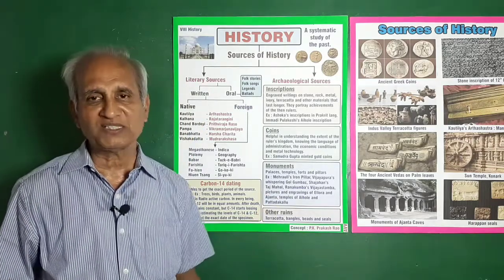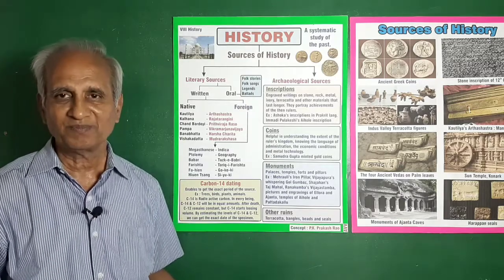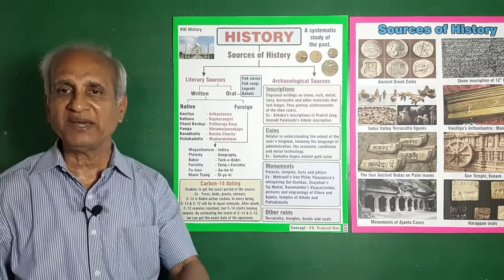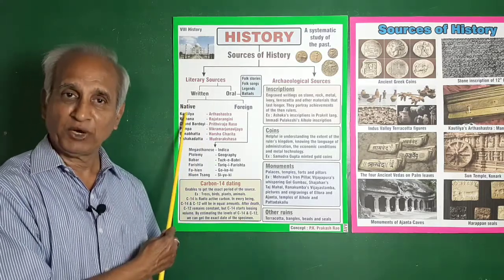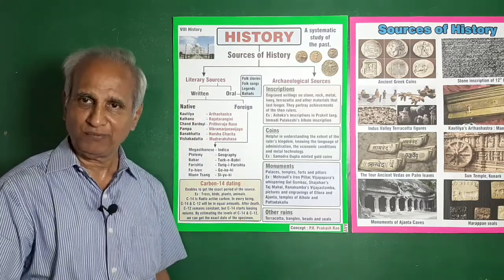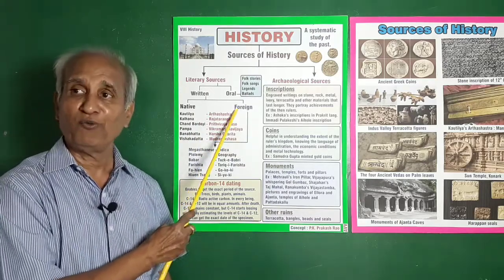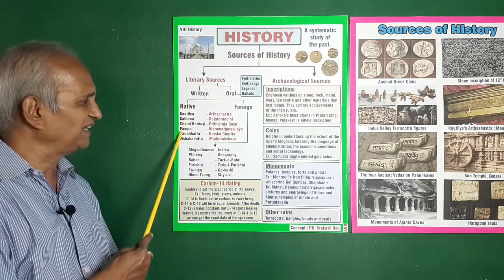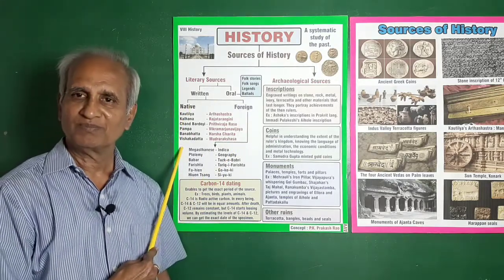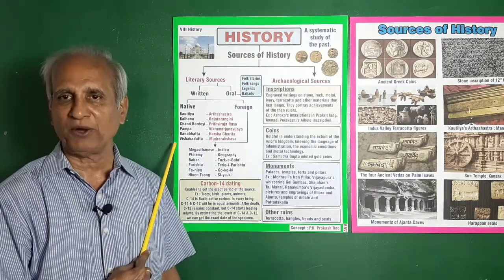Again, these documents, though they were written by great authors of that period, can be divided into two: native authors, poets and poetesses of this soil, and those who had come from abroad, foreign. Now let's see a few books I have enlisted here just to know how this recorded history helped historians to write about India.